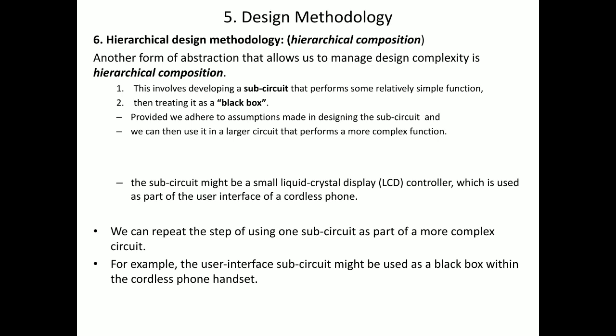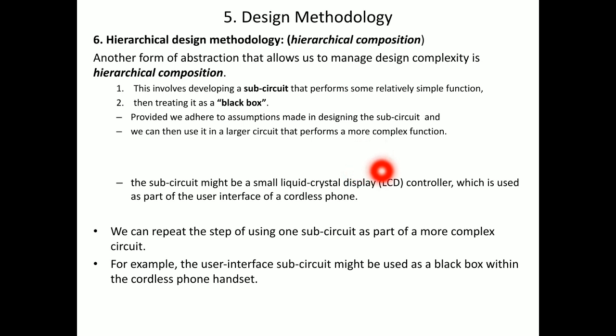When it comes to a real-time example, take a cordless phone. The cordless phone involves key buttons to enter the numbers. It has a receiver, a transmitter, and a display. In that, one sub circuit is the LCD controller.